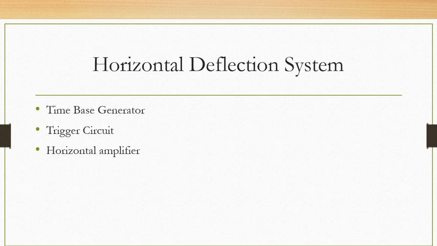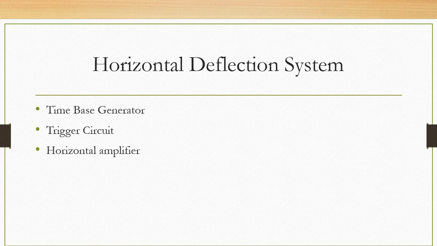You have to keep that in mind. If you remove this trigger circuit, the synchronization will not be there, and on screen you may get false readings or false waves. So the trigger circuit makes the synchronization between the horizontal and vertical systems. Without the trigger circuit, you will not get accurate waveforms on the screen.